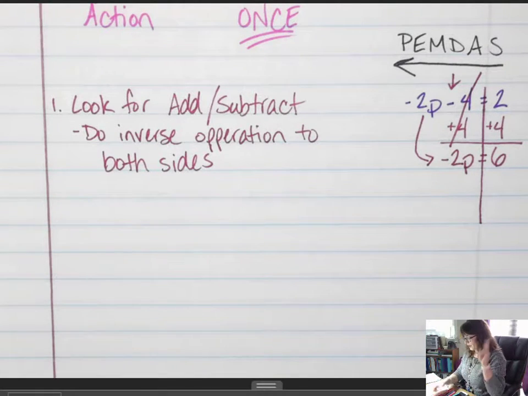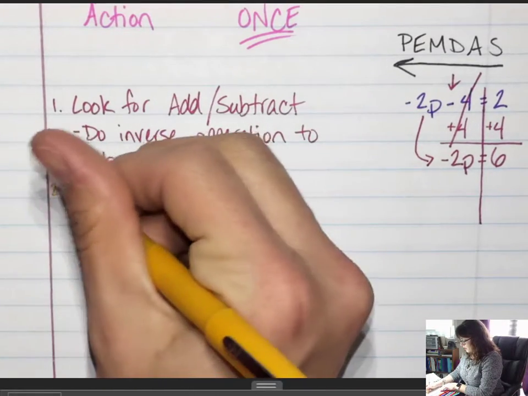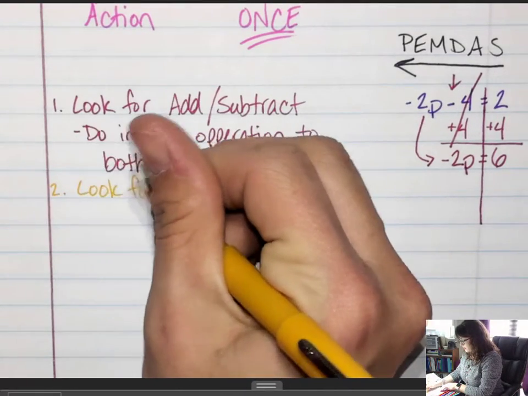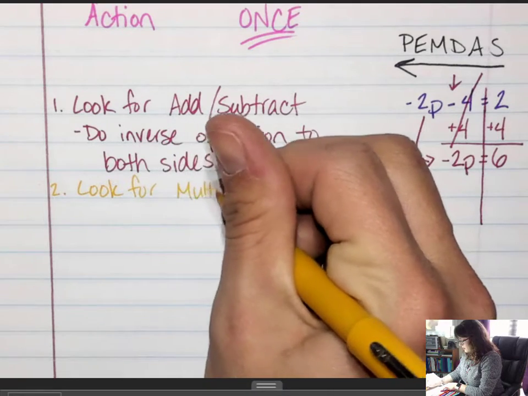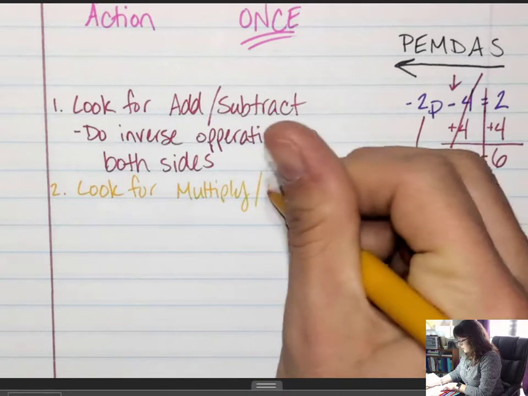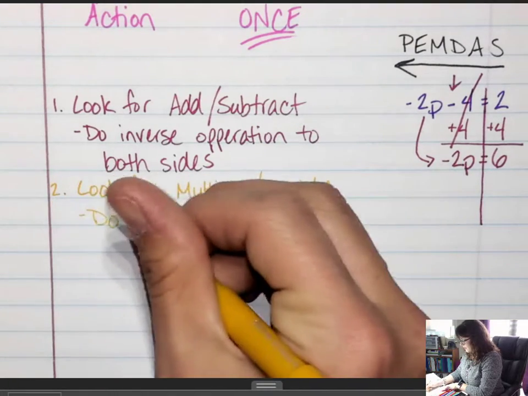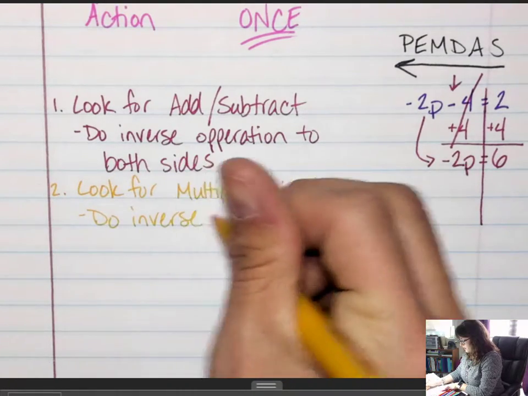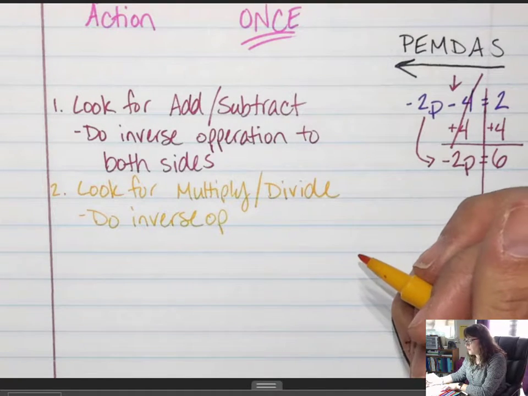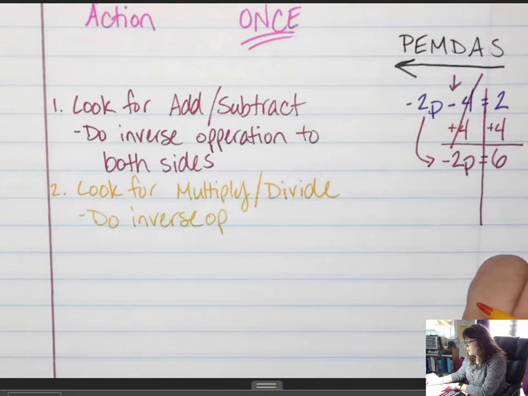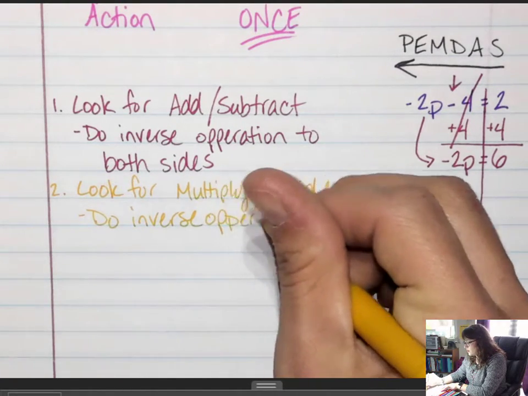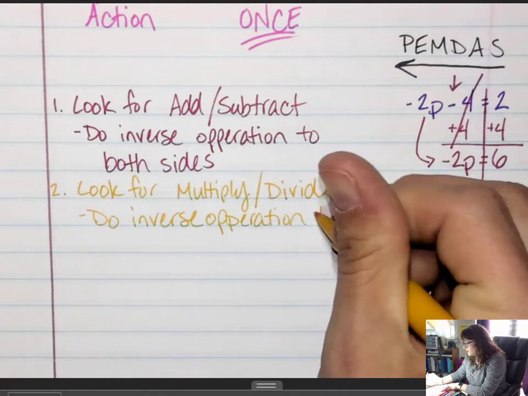Now this is the step 2 part of your 2-step equations. You're going to look for multiply, divide. And you do the inverse operation. It's the same thing. Is it the operation of 2 p's or 1 p?